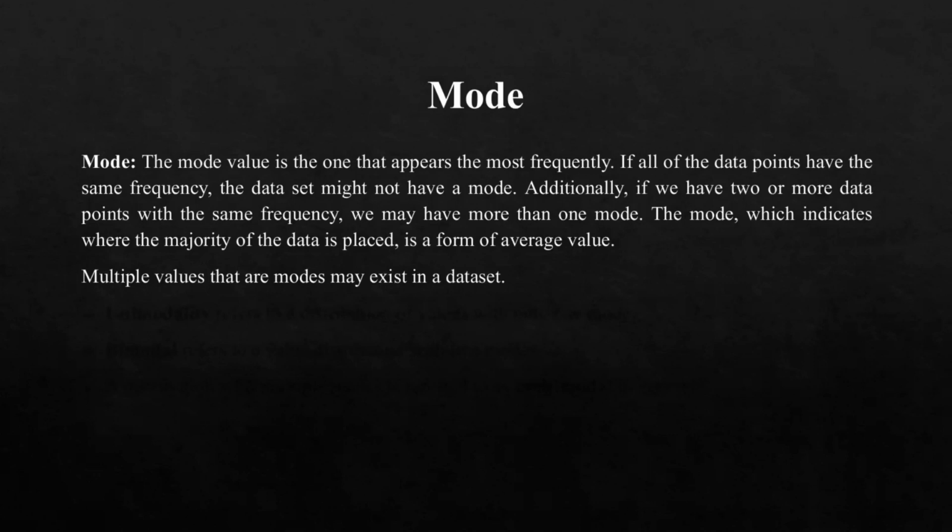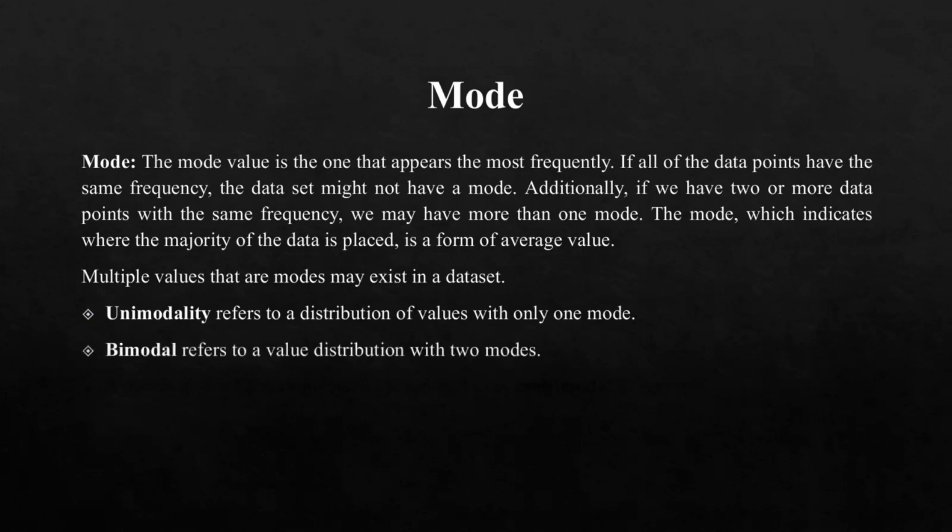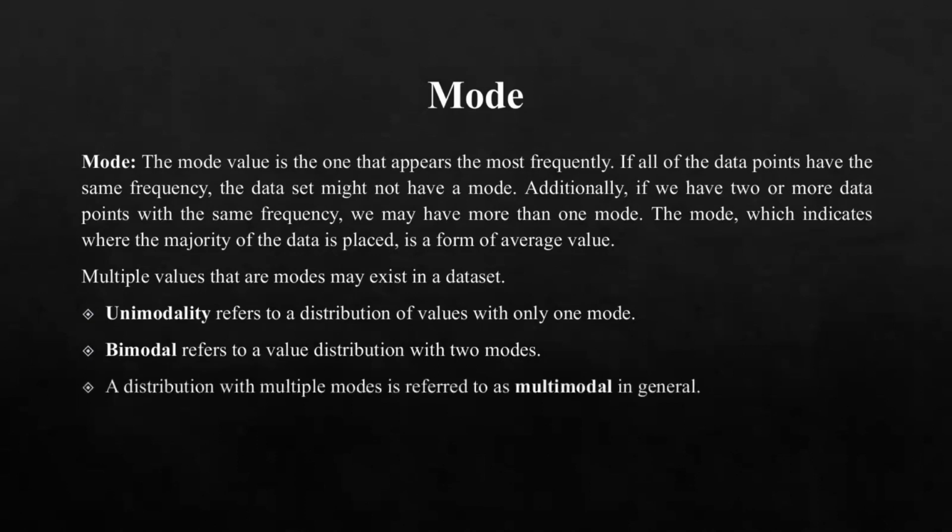Multiple values that are modes may exist in a dataset. Unimodal refers to a distribution of values with only one mode. Then we have bimodal, which refers to a value distribution with 2 modes. Next, we have multimodal, which is a distribution with multiple modes.